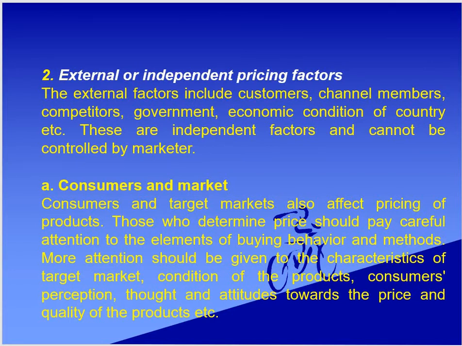Now I can tell you two things about it. One is, why are products from China cheaper than products manufactured in India? This is one thing you should think about.